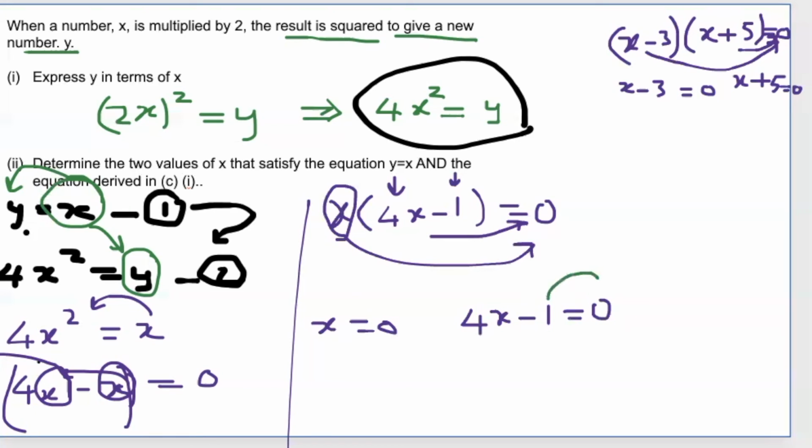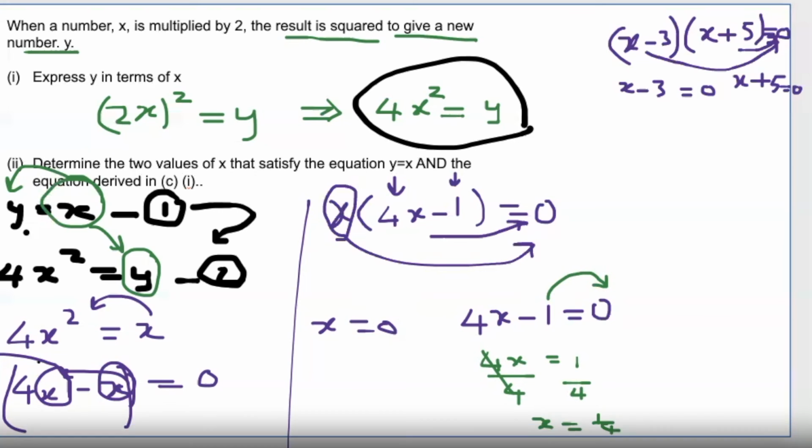Solving, we carry this over the equal sign, so we have 4x is equal to positive 1. Then we divide both sides by 4. This cancels, so x is equal to a quarter. So I have two answers. I have x is equal to a quarter and x is equal to 0. And that's it.